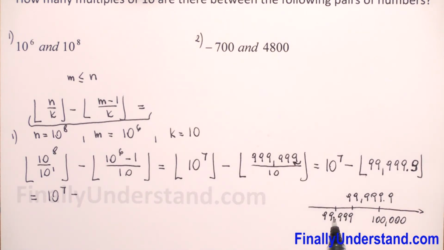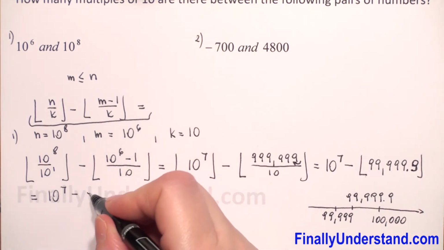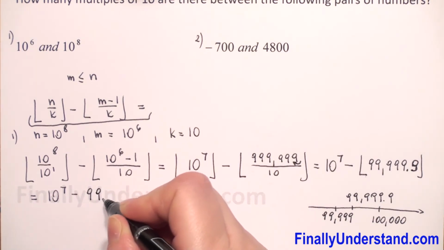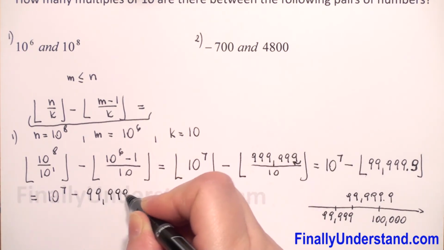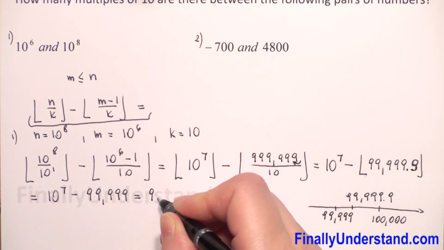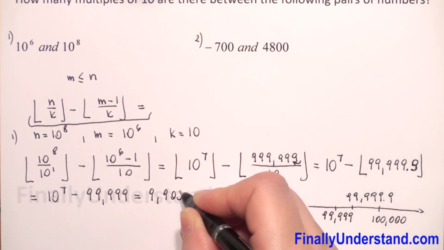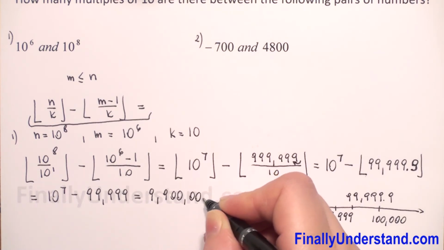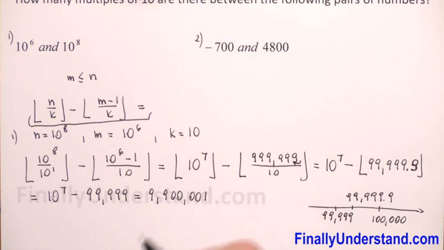So the largest integer less than this number is 99,999. So we have minus 99,999. So this is equal to 9,900,001. This is my solution to the first example.